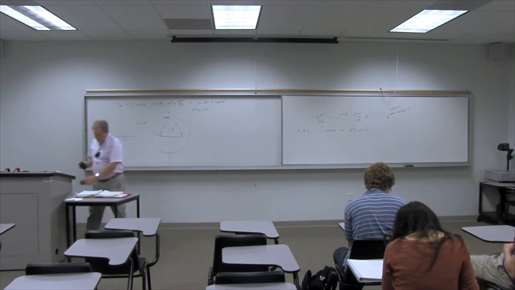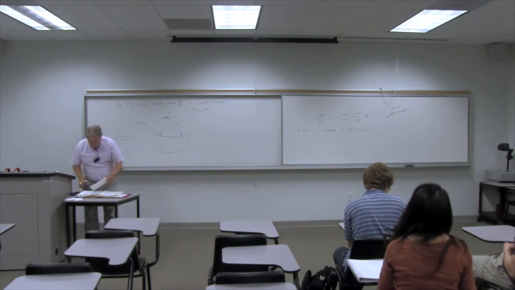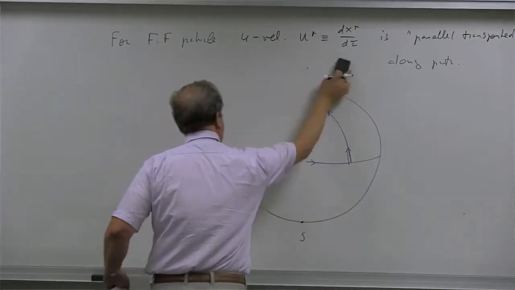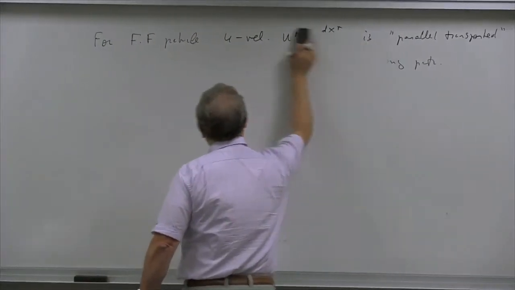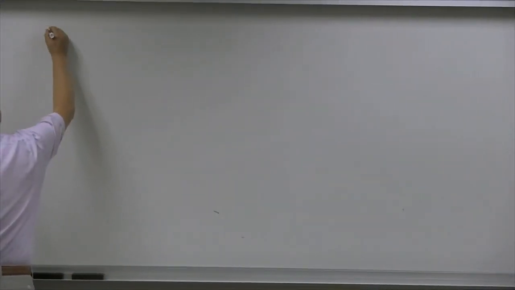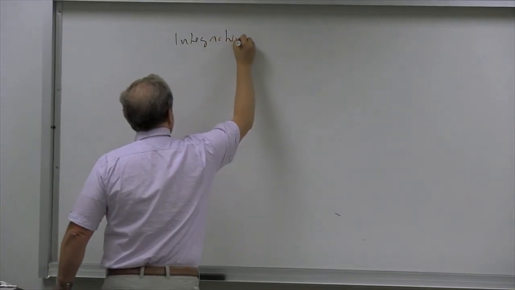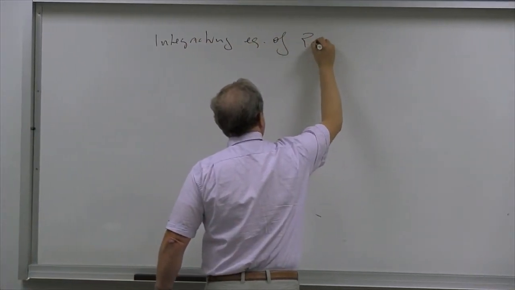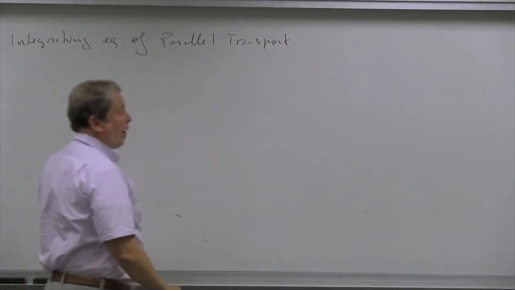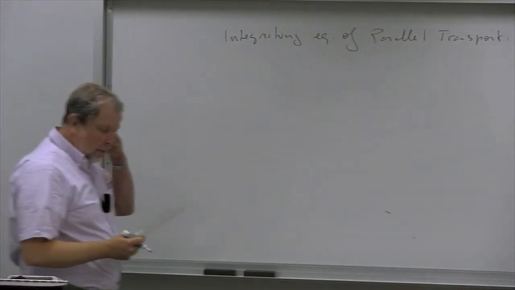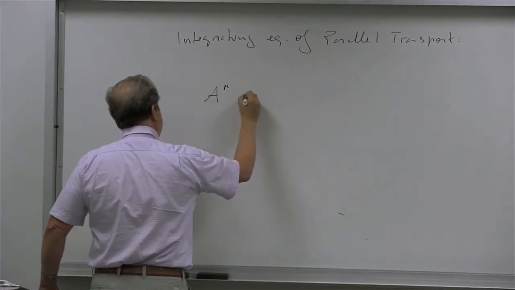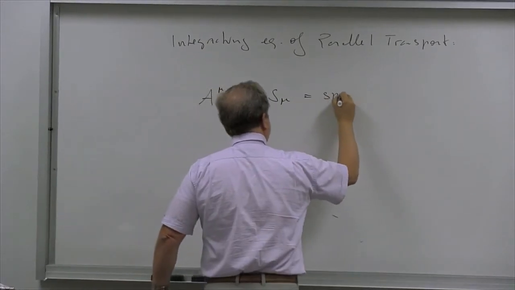In principle, we can integrate the equation of parallel transport, and let me look at one example which is not the 4-velocity, but one where A mu becomes the spin.